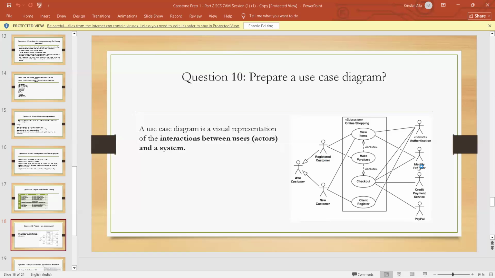We also have types in use cases, which are essential use case and supporting use case. Essential use case means, for example, if you have registration as a use case, you need to write the registration page as an essential use case. In registration, we generally fill in all the details, like email ID, phone number, and password.